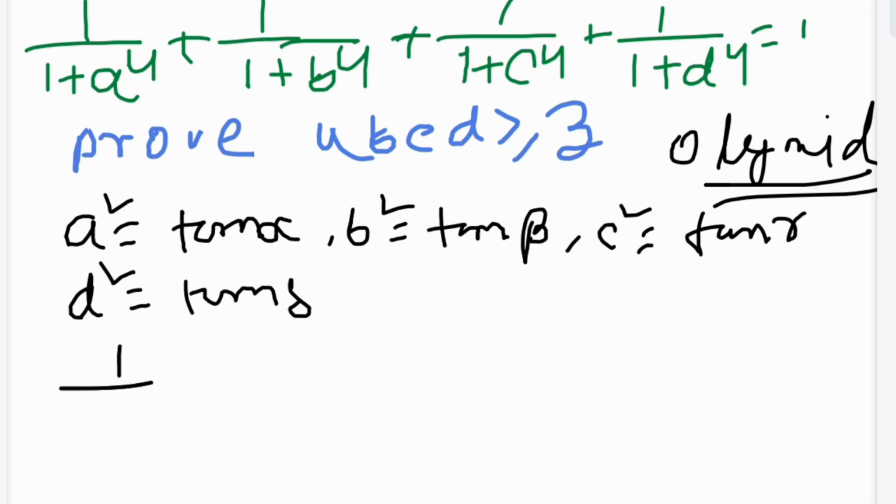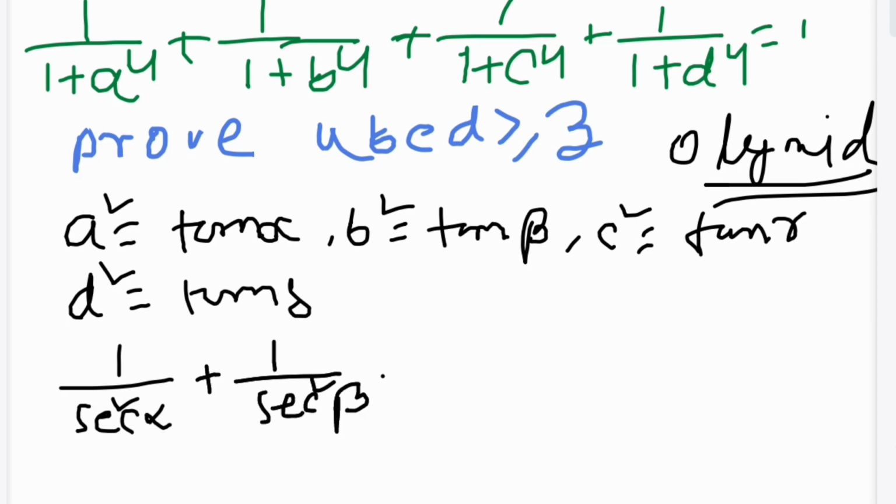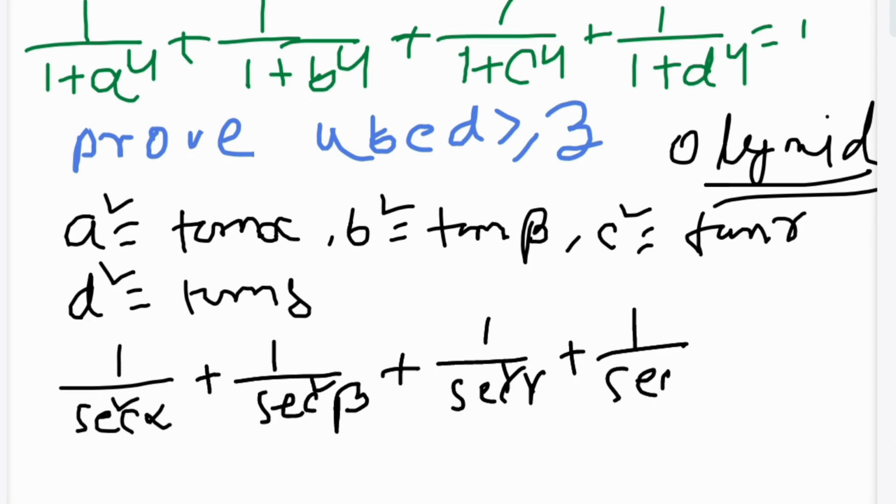So 1 over 1 plus a raised to the power 4 will give us sec square alpha, right, as a square equal to tan alpha, plus 1 over 1 plus b raised to the power 4 will give us sec square beta, right, as b square equal to tan beta, plus 1 over sec square gamma, plus 1 over sec square delta equal to 1.